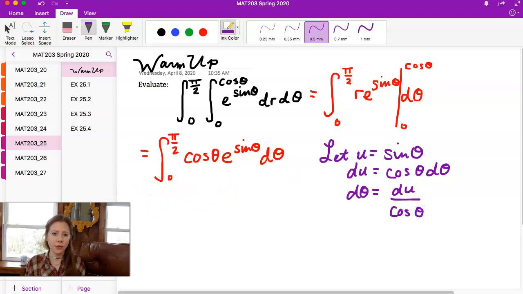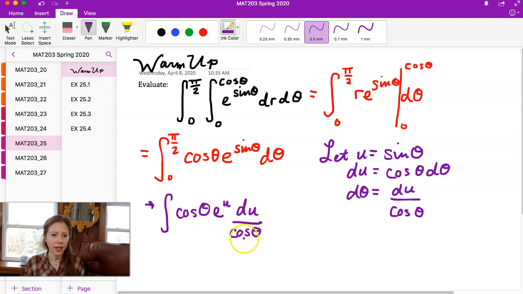So that means we have the integral of cosine theta e to the u du over cosine theta.